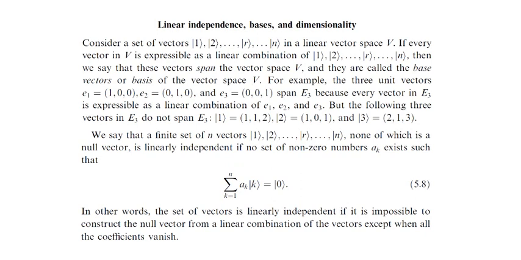That is, for this equation to be satisfied, you can find different values of ak, isn't it? If you are not able to find any non-zero value of ak which satisfies this equation, or in other words, only when the ak's are 0 is this equation satisfied, if such is the case, then the set of vectors 1, 2, 3, etc. up to n are called linearly independent.